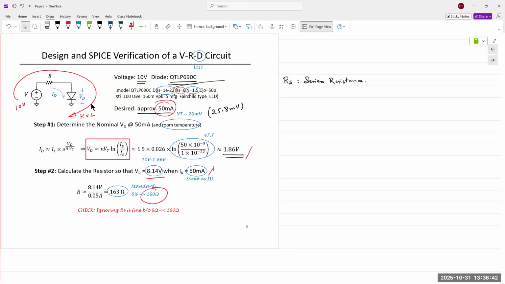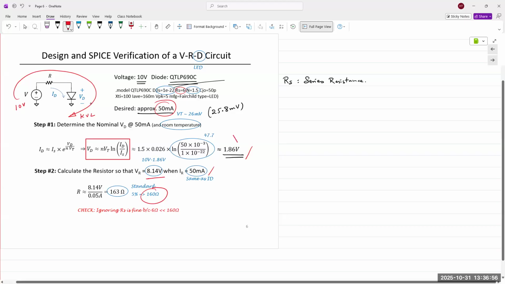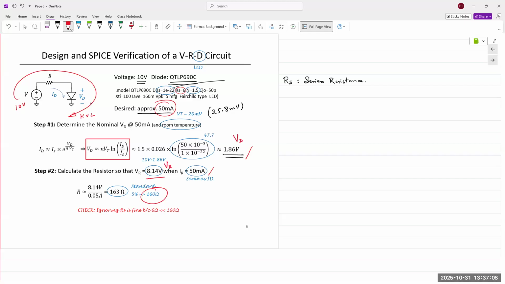The question was whether the voltage across the diode is the same as the voltage across the resistor. The voltage is not the same. Diode voltage is 1.86 volts. Resistor voltage is 8.14. The current is the same because it's a series circuit.